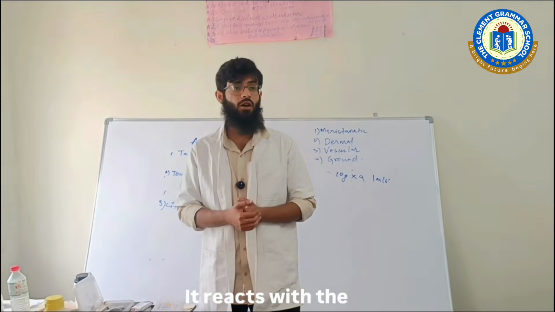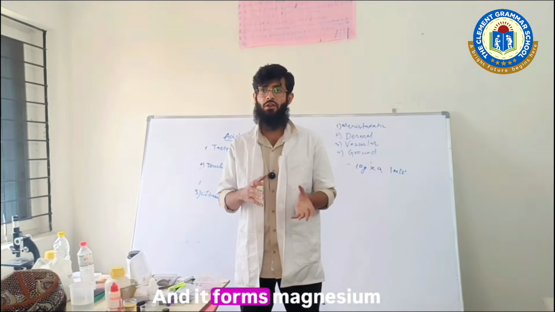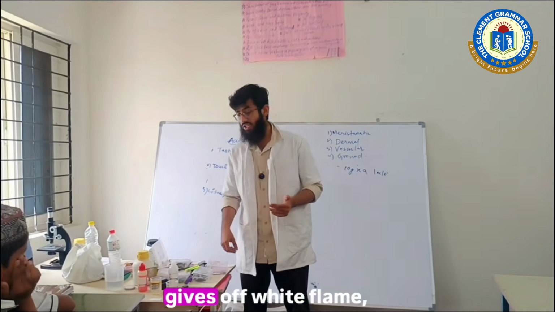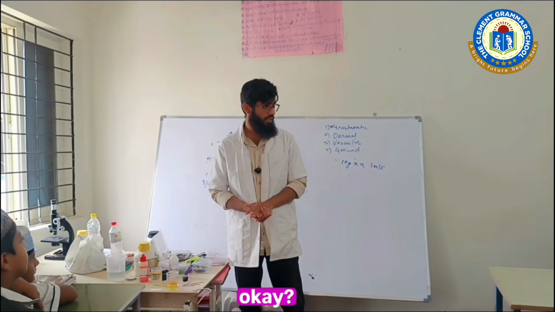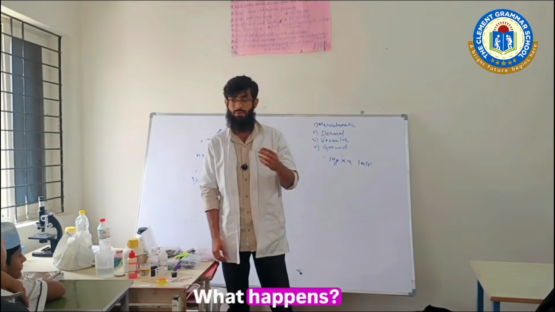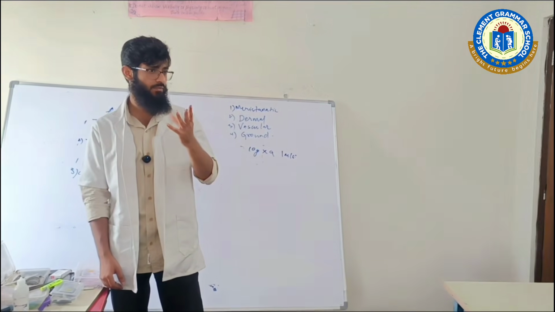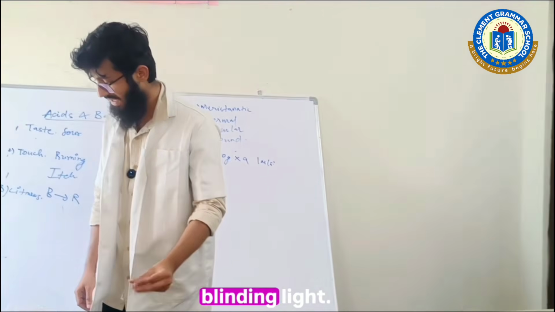It reacts with the oxygen and forms magnesium oxide. When it burns, it gives off a white flame. It is a blinding light. What happens after you have experienced the blinding light? Your vision becomes a little blurry. That is known as blinding light.